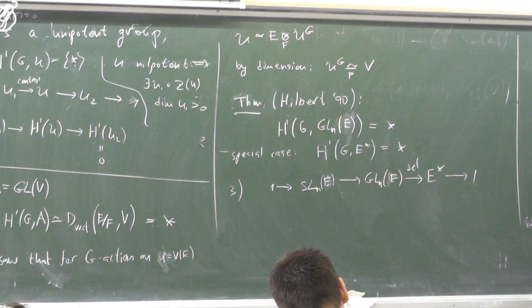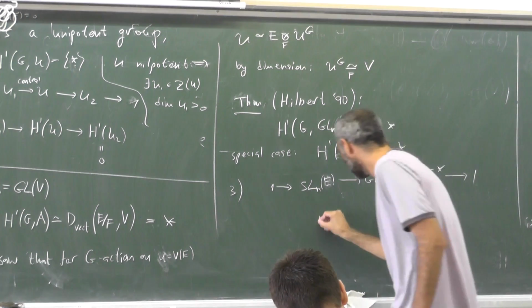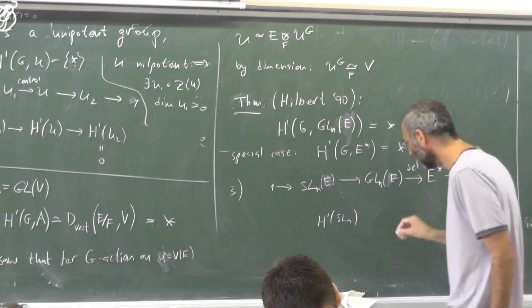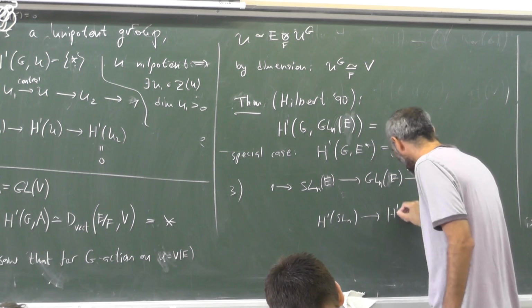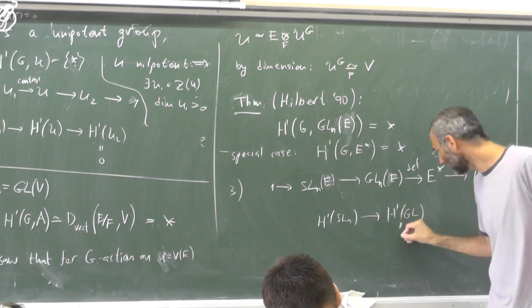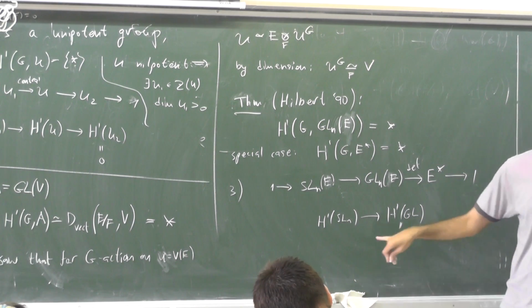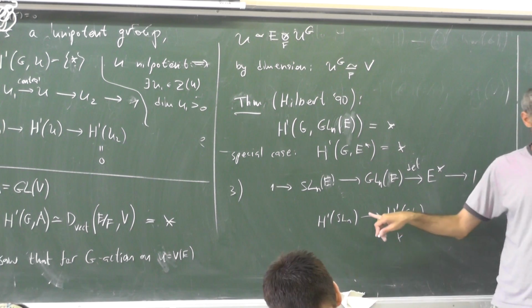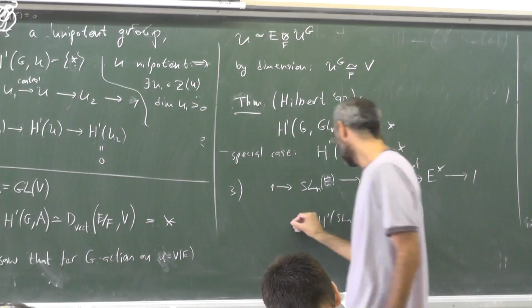I can apply a long exact sequence to this one, and I'll get something about H1 of Sn. And, of course, it goes to H1 of GL, but this is trivial. So everything is in the kernel, and the kernel is the image.